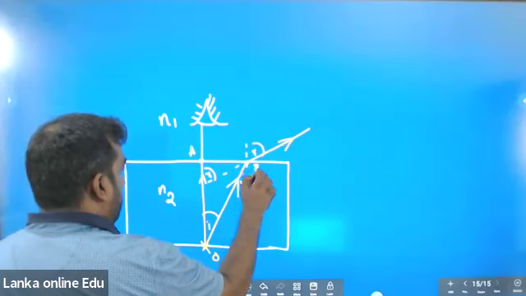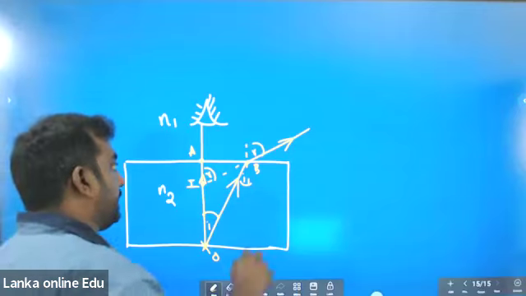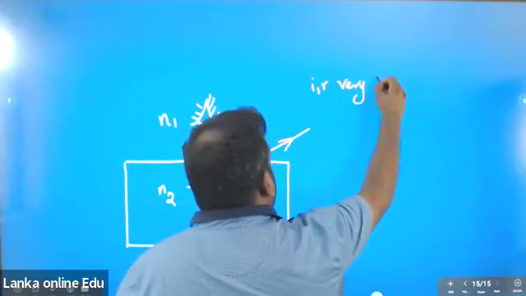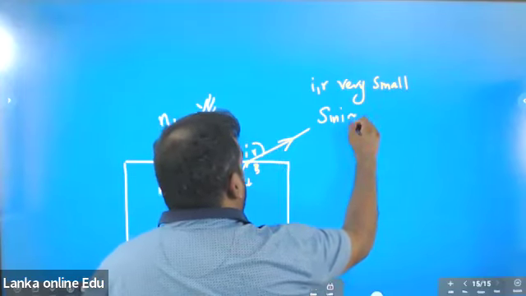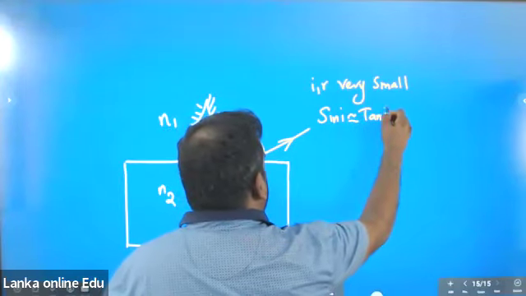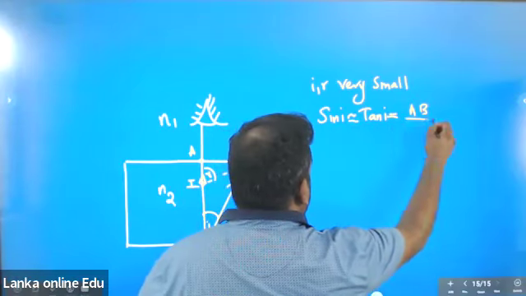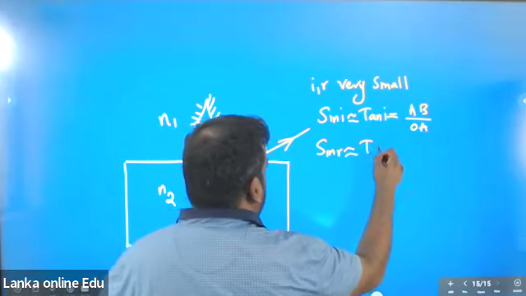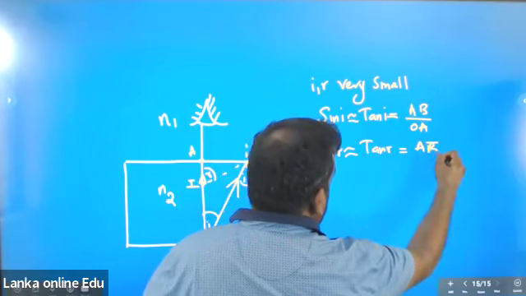Here AB, this is I. To simplify it, I and R are very small, so sin I is approximately tan I, opposite over adjacent, AB over OA. Sin R is approximately tan R, AB over AI.